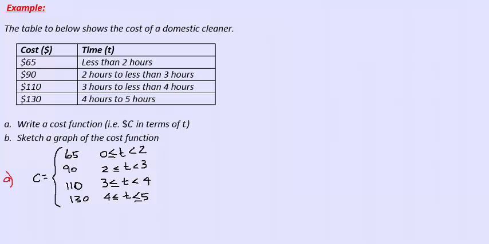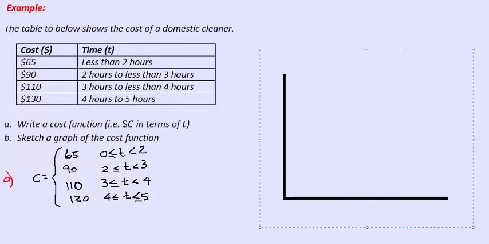So the next thing I need to do now is sketch my cost function. So first of all, I will get my axes out like this. So this will be part B, and then I'll start sketching to make sure it's okay. So part B, my cost function. Remember this axis is called C and I'm measuring it in dollars, because it's my cost in dollars.